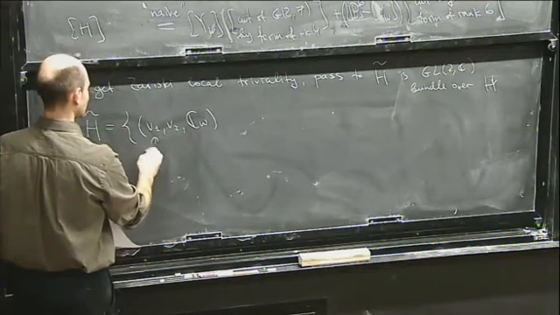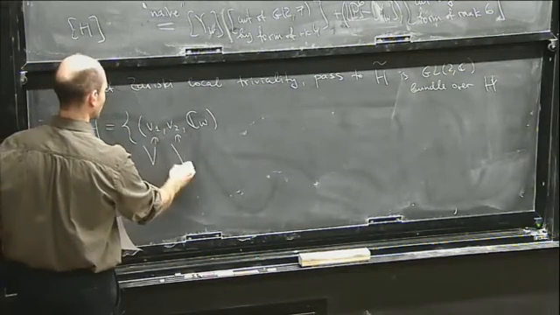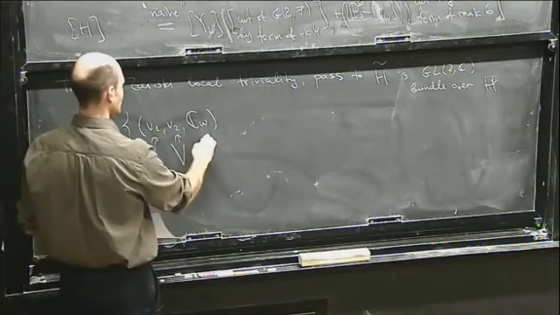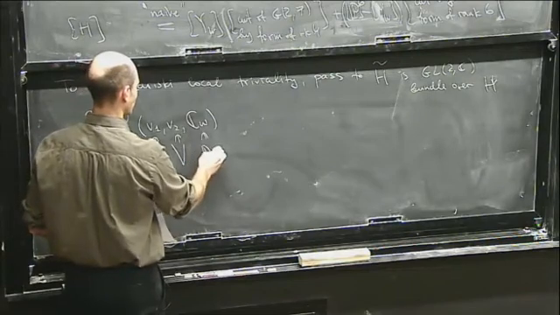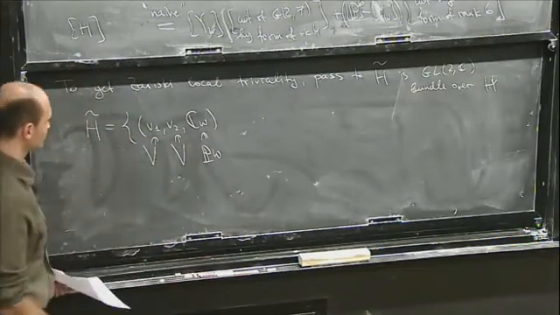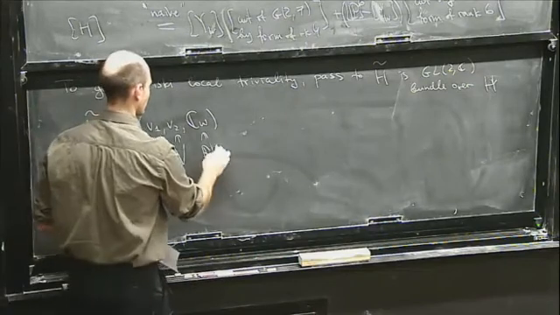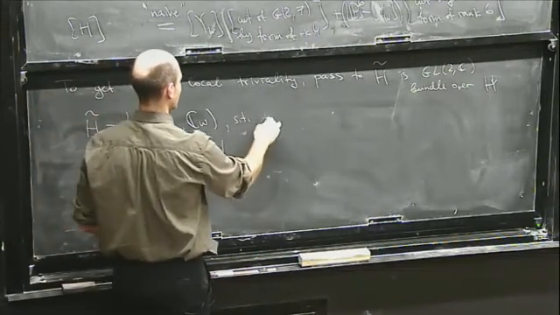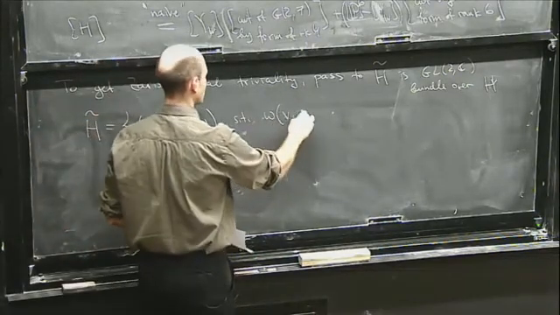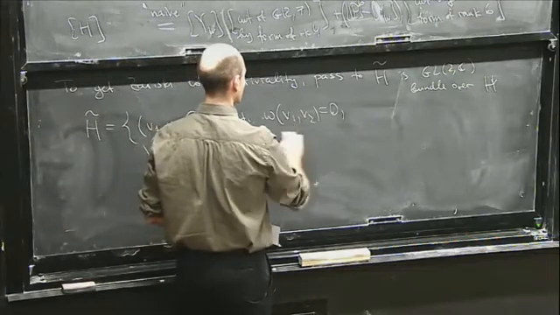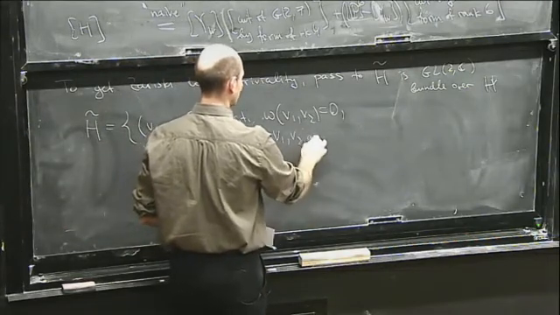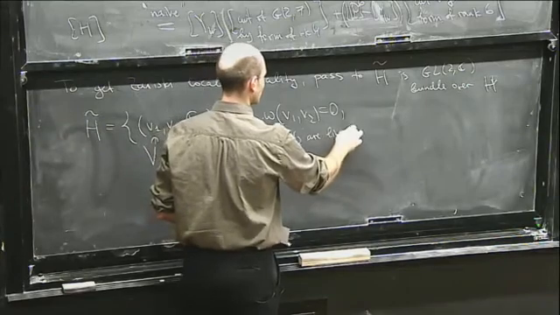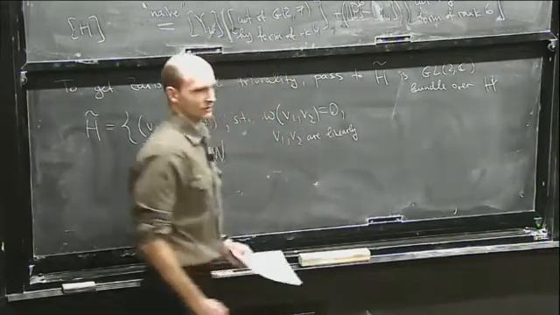So V1 is an element in V, V2 is an element in V. CW is the form from capital W up to scaling, such that W of V1, V2 is 0, and V1 and V2 are linearly independent. So in other words, I just pick a basis of T2.